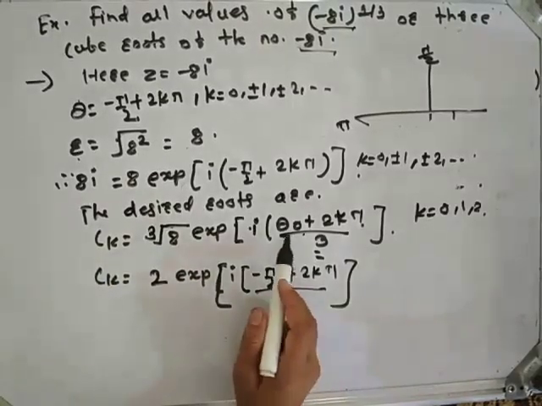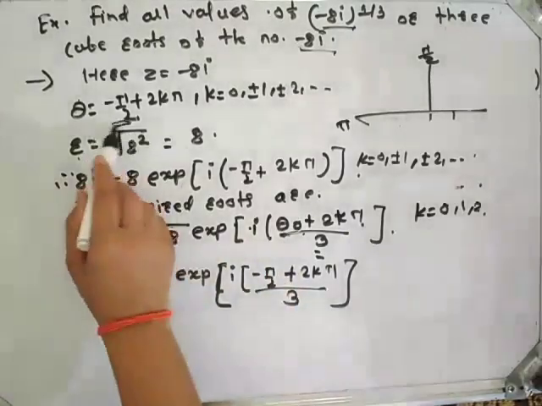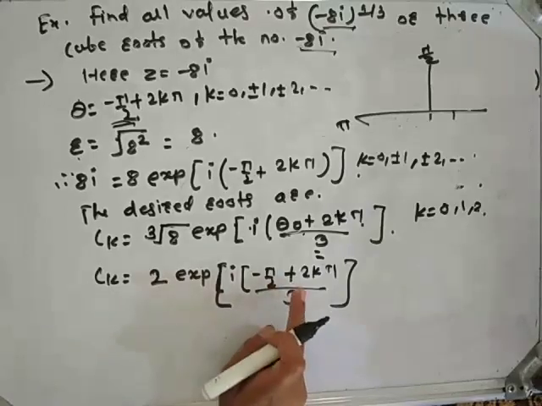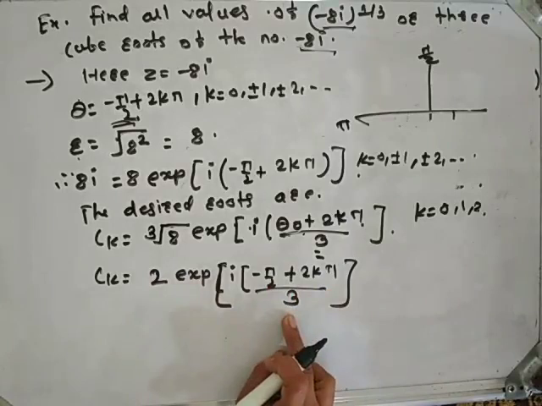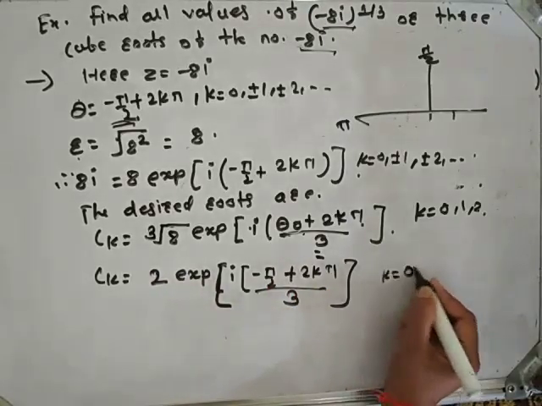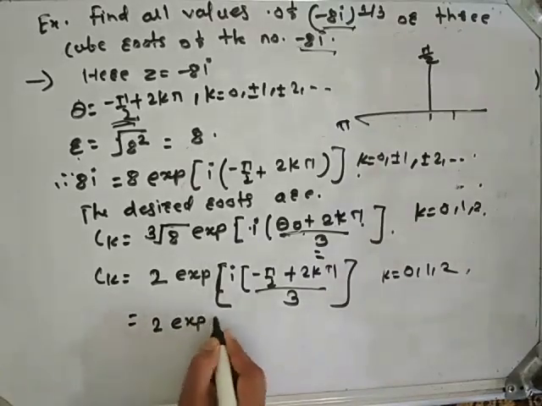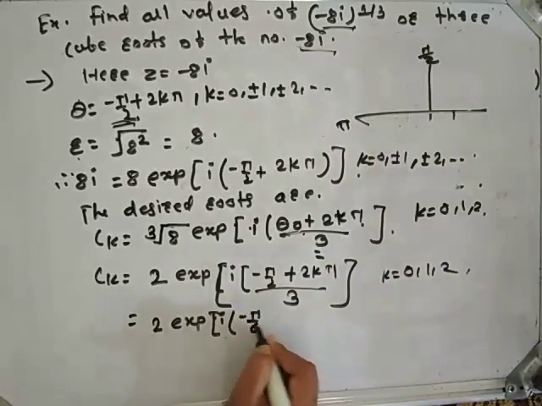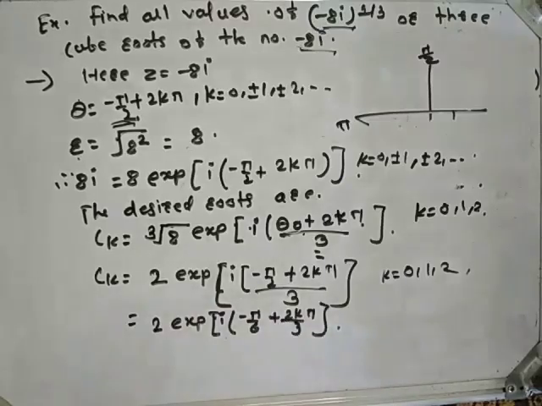Students, always remember that theta_0 is the principal value. So we get minus pi by 2 plus 2k pi upon 3, k runs from 0, 1, 2. This is 2 exponential of i (minus pi by 6 plus 2k pi upon 3).